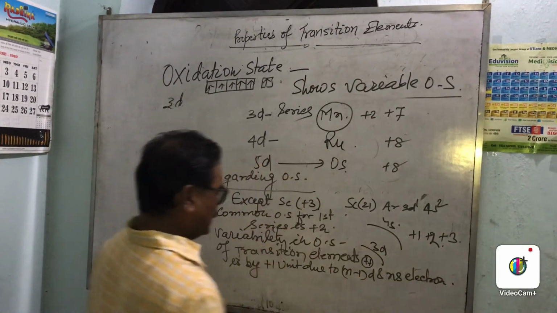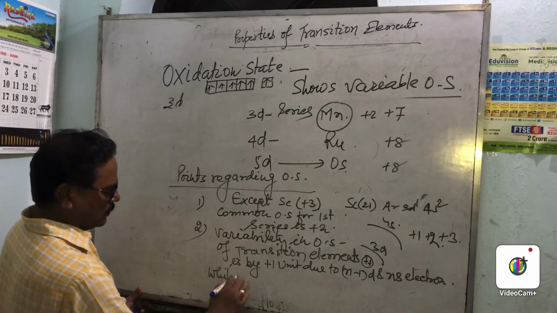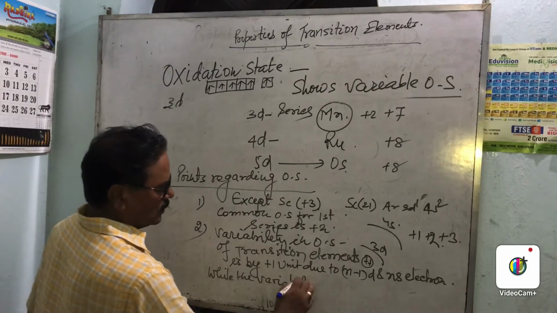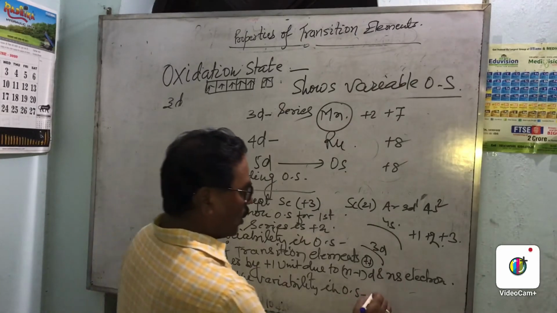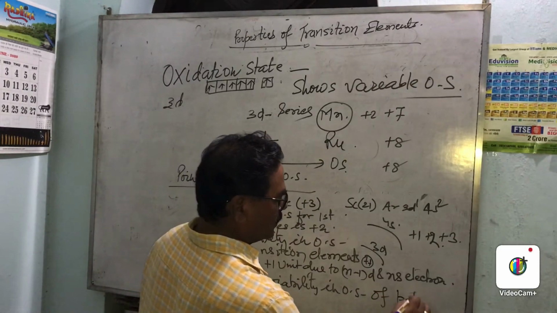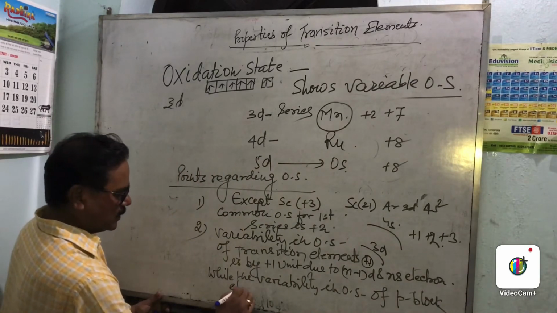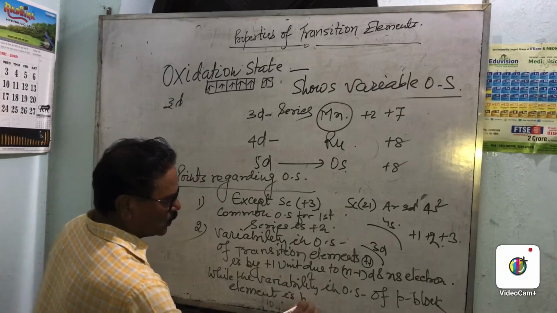But the variability in oxidation state of p block elements is by 2 units.